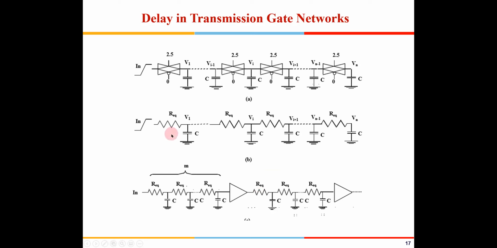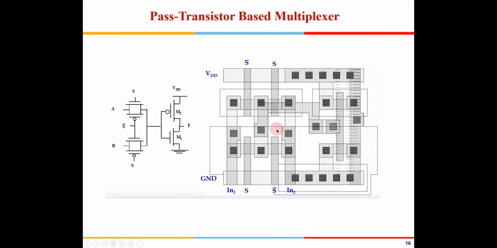See, I have this RC delay. If you compute the total delay, like we saw in the case of the inverter delay, when transistors were cascaded one over the other, the same derivation holds good here.